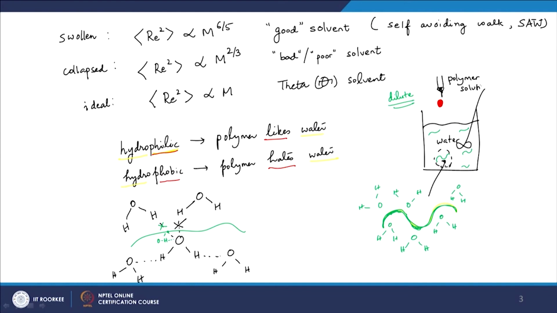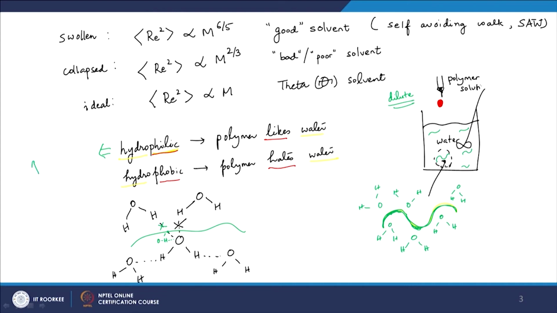In that case, the water molecules will be unhappy to accommodate the polymer there, because they have to sacrifice a hydrogen bond with a water to accommodate the polymer chain, and they do not get anything in return. So, in that case water molecules will try to maximize their contact with other water molecules, because they do not want to form contact with the polymer.